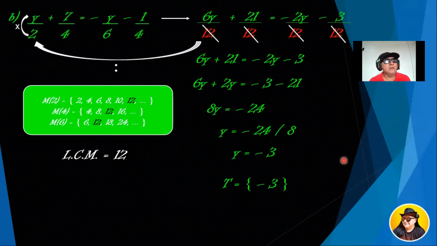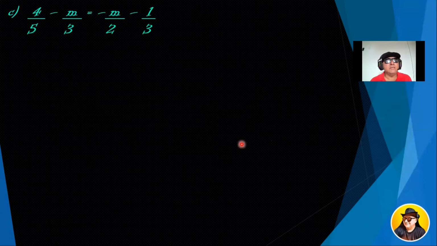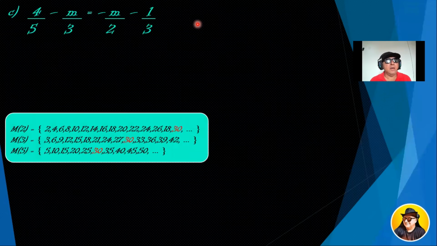Let's see question C. Okay, pay attention. 3, 2, and 5 cannot be calculated yet because I need to calculate the LCM, the least common multiple. What are the multiples of 2? 2, 4, 6, 8, 10, up to 30.